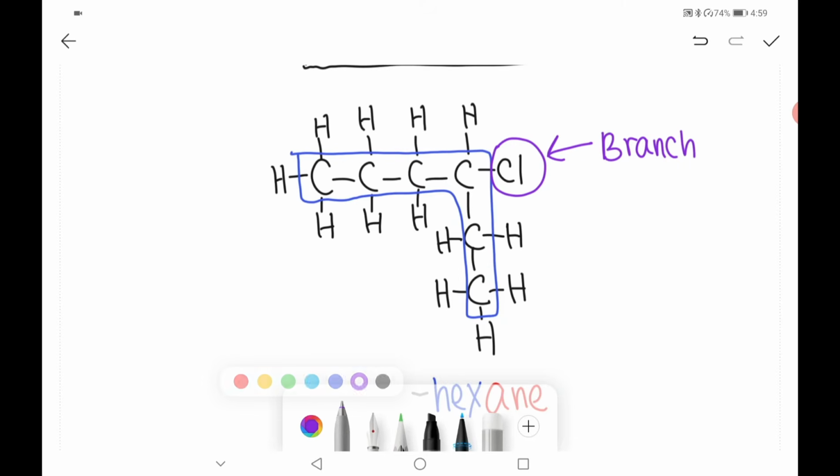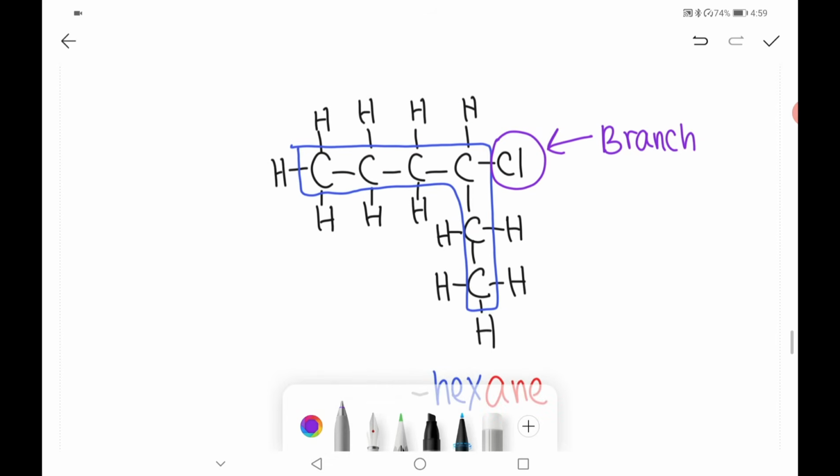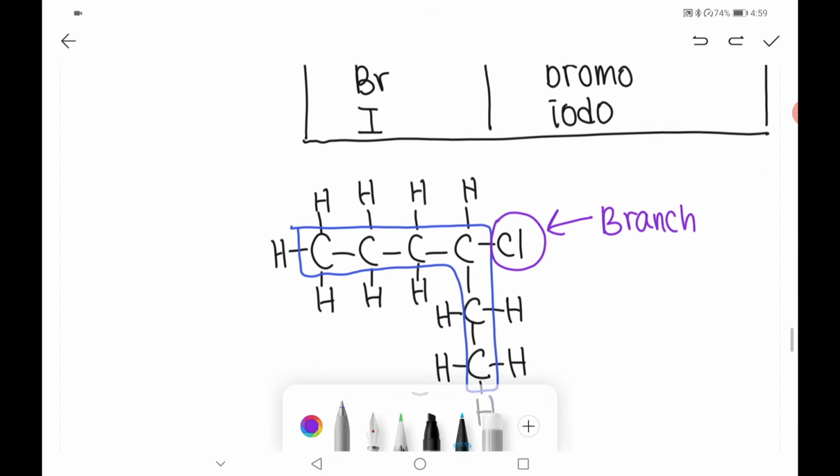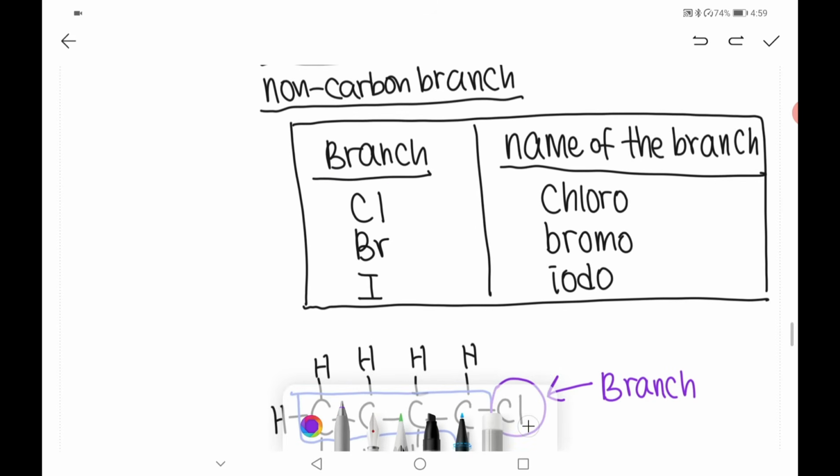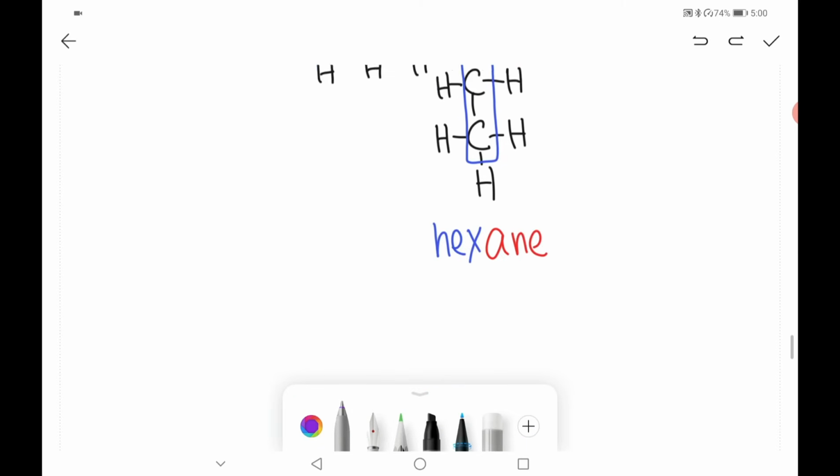When we have a branch, we need to name it, and we learned it a moment ago. When the branch is chlorine, we will call it chloro. So where to put the chloro?